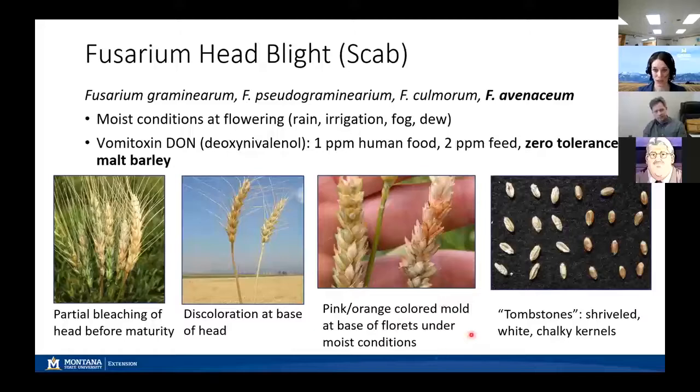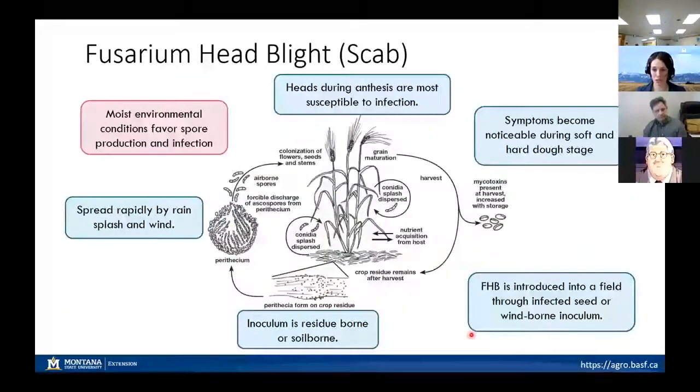Okay. So what is the disease cycle? This is really important to understand how we can manage this disease. The one thing to know is that the Fusarium head blight pathogen is introduced into the field through infected seed. So again, seed treatment and good quality seed is a very important factor to keep in mind for avoiding or suppressing this disease.